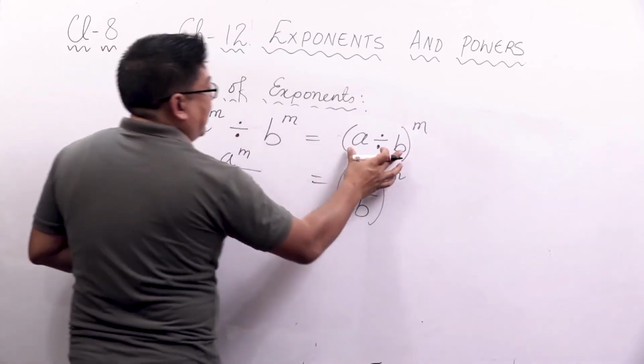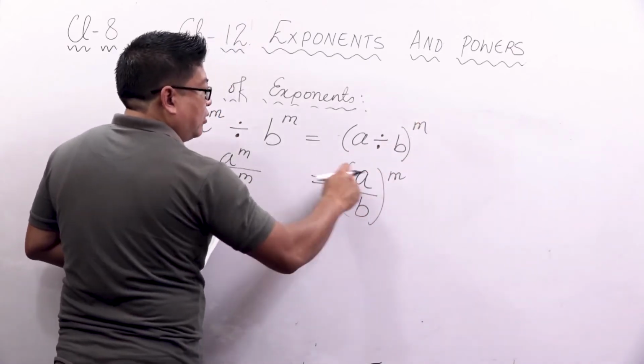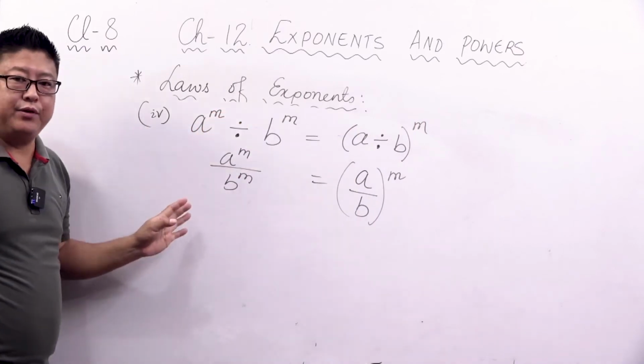We can also write a to the power m divided by b to the power m. a divide b, or the whole to the power m, and a by b the whole to the power m. These two are the same. Please do not get confused. They are the same.